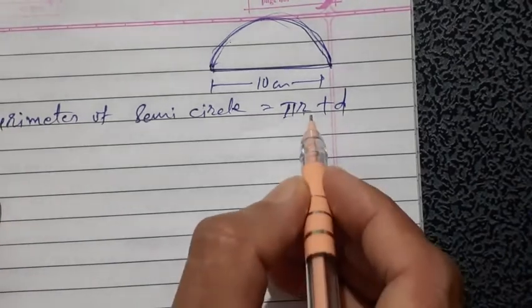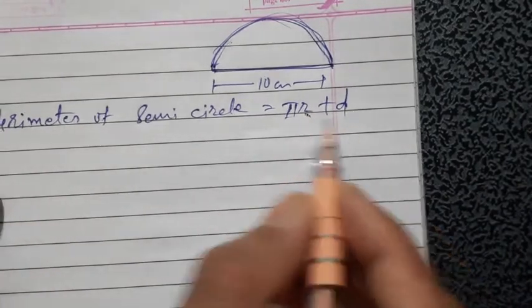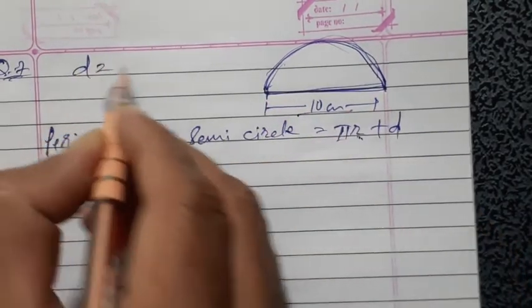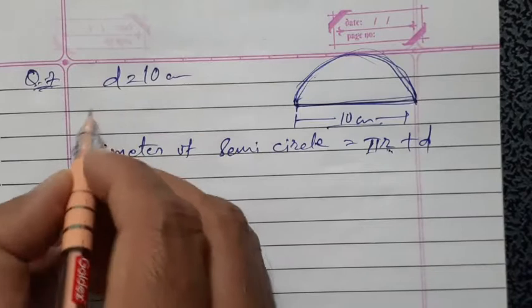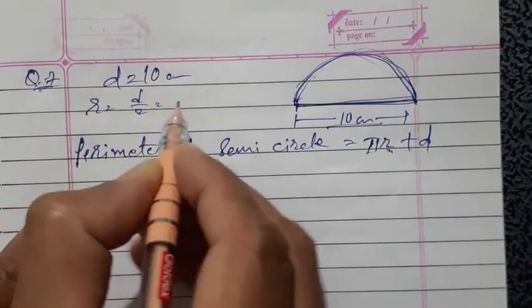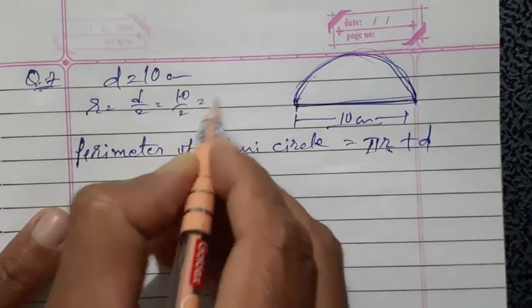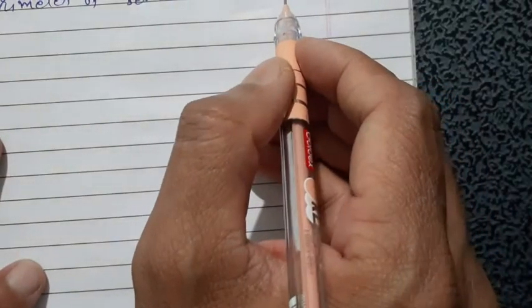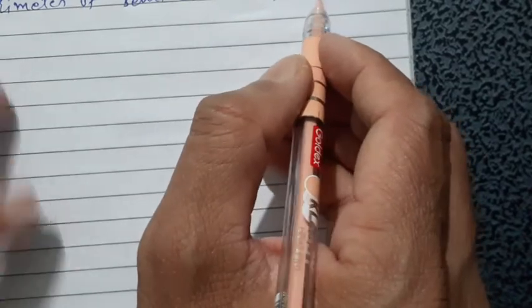But we need r here, and the diameter is given, the total measurement of this one. So d equals 10 centimeter, so r equals d by 2, that is 10 by 2 equals 5 centimeter. Put the values of r and d here.